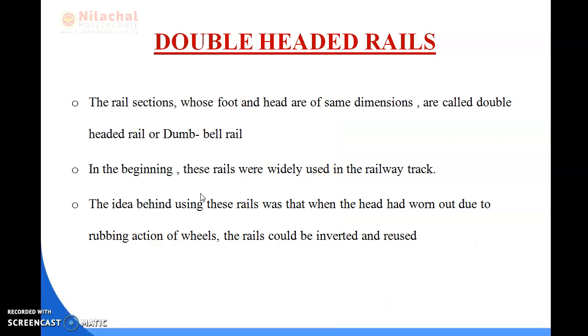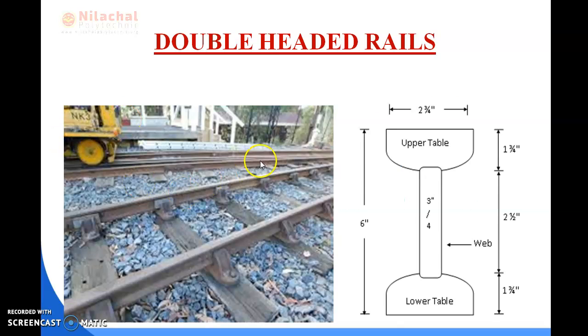The rail section whose foot and head are of the same dimension. Foot and head mean, see here in this picture, this is your head portion and this is your foot portion. It is a rail track of your train, and in this track two rails are provided.